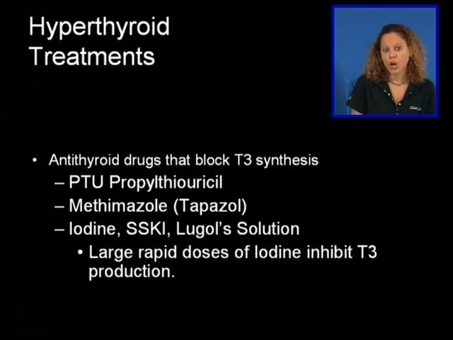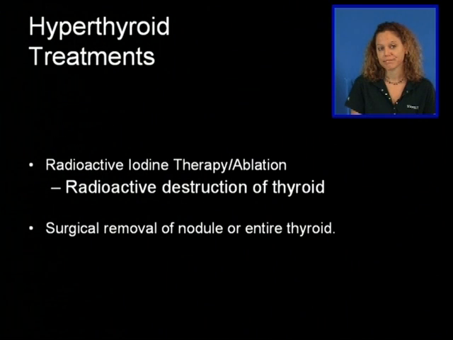So remember, large rapid doses of iodine can actually inhibit the production of T3. Radioactive iodine ablation therapy is another treatment for hyperthyroidism in which the radioactive destruction of the thyroid gland takes place. There can also be surgical removal of a nodule or surgical removal of the entire thyroid.